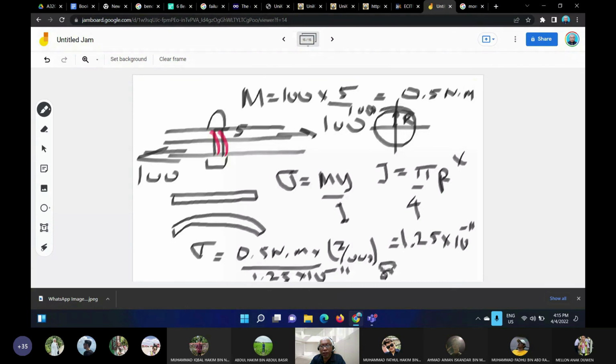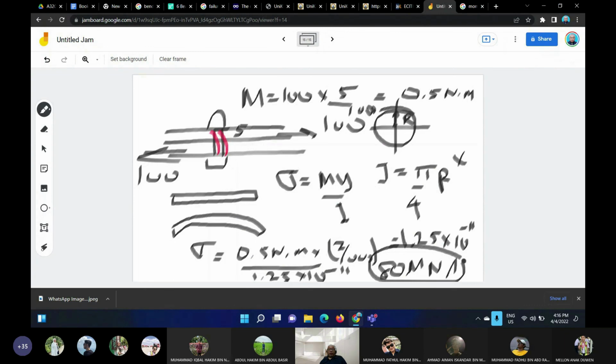So 80,000 mega Newton. This means that to make it bend and fail, you need 80,000 mega Newton. It is very huge, so it's not easy to bend this, because the load is very small for this situation.